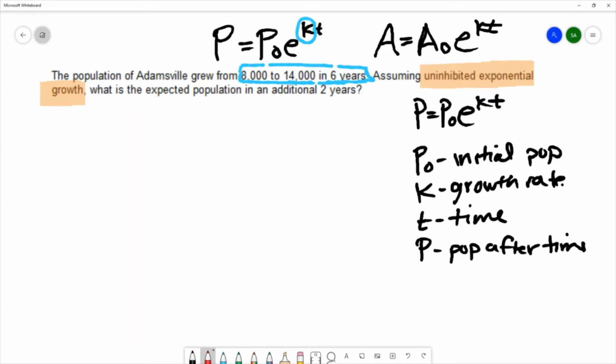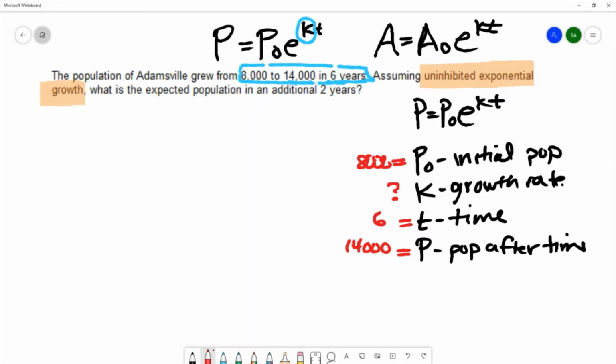So that 8,000 is P naught, our initial or starting population. Then that 14,000 is our population after a time period of 6 years. And so our only unknown value is k, the growth rate.